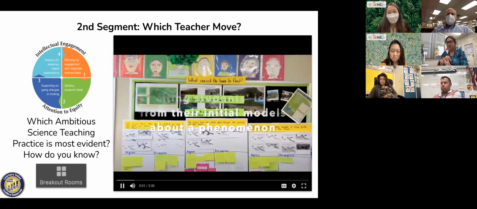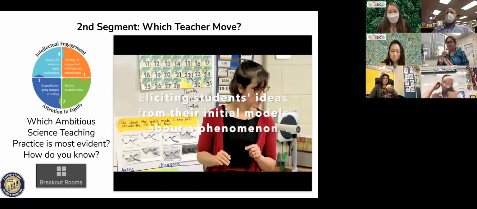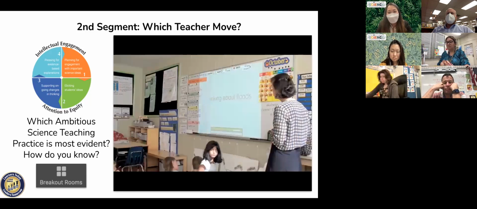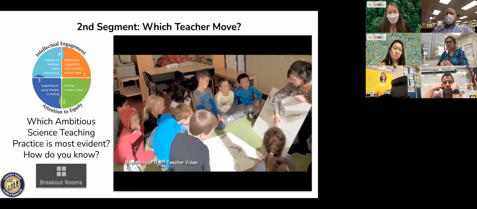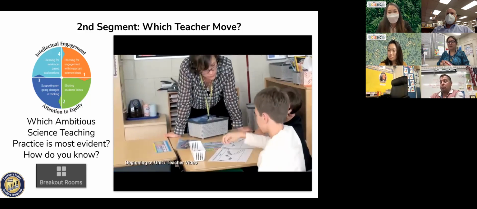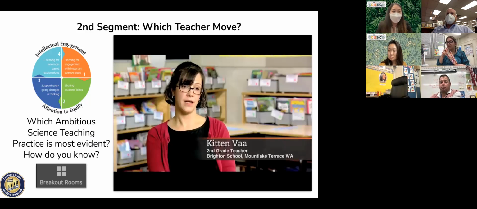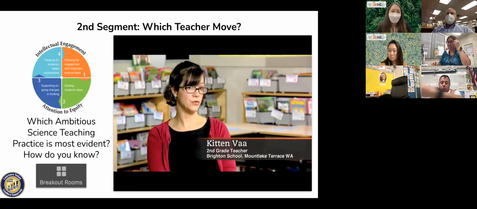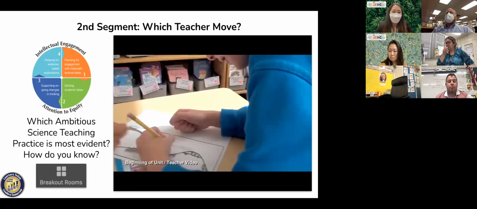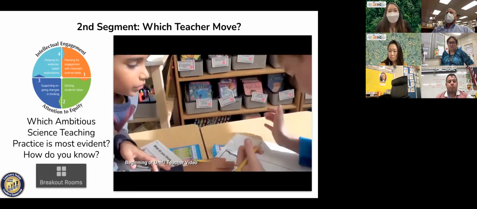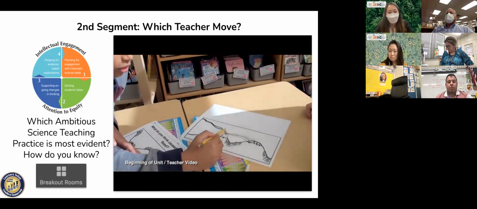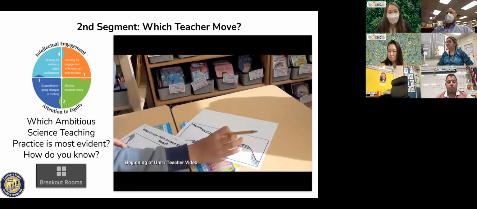With drawing our initial models and talking about our own ideas and personal experiences about what we think caused the town to flood. At the beginning of the unit, the students are presented with the phenomena and they're given a model to be thinking about how and why the town had flooded. And so as a teacher, I'm listening to students' ideas, listening to their own language that they're bringing. His idea was that water was going through the ground, and then there was like a layer of stone up over here, and then the water kept on rising up.